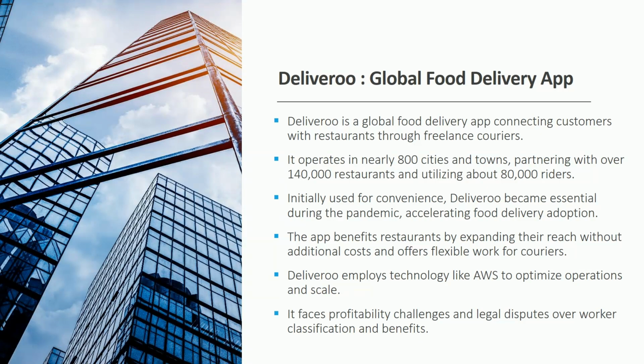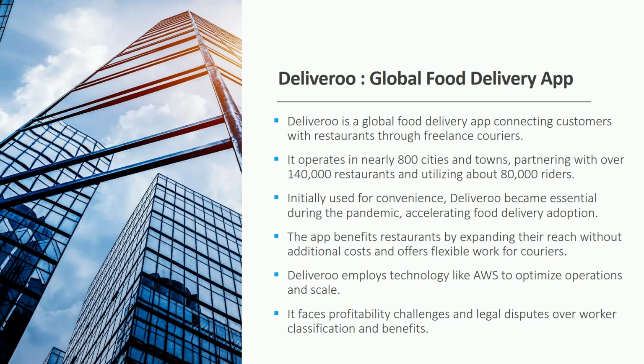So Deliveroo is a global food delivery app which is connecting hungry customers with the restaurants via Reliance countries. And it operates in nearly 800 cities and towns, partnering with over 100,000 restaurants and utilizing about 80,000 riders.